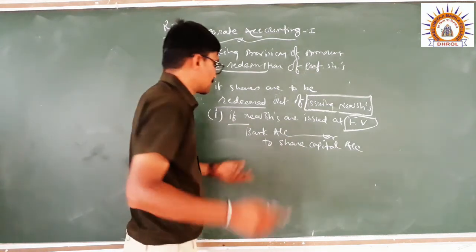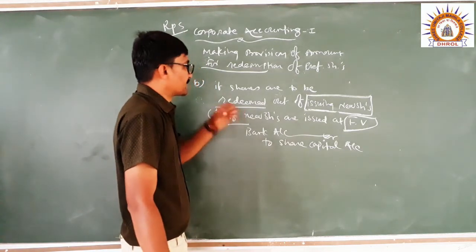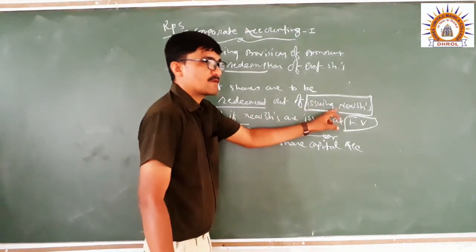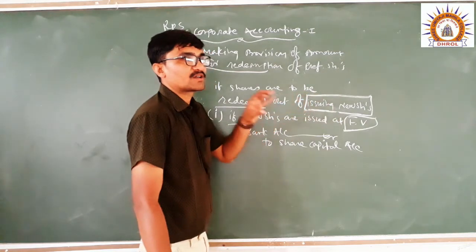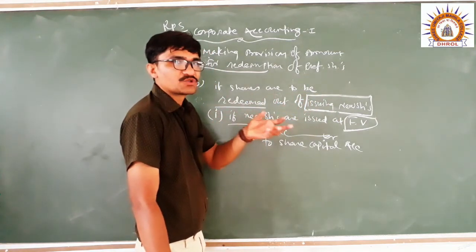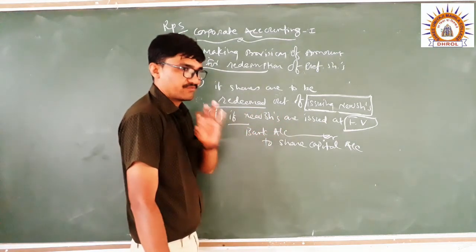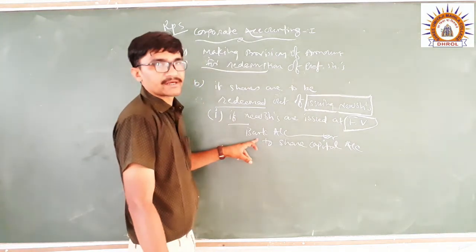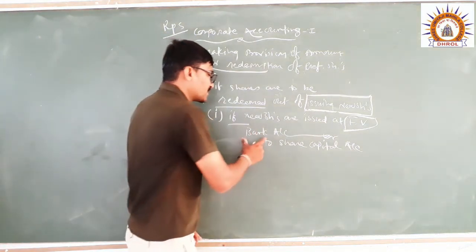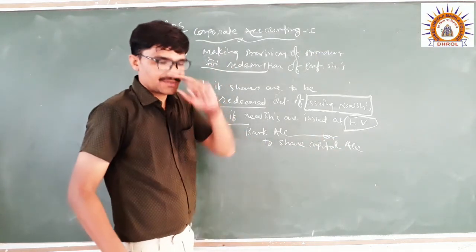The issue of shares means you have got the amount from your shareholders, and you receive your money through the bank. So that's why the bank account is debited to the share capital account, right?